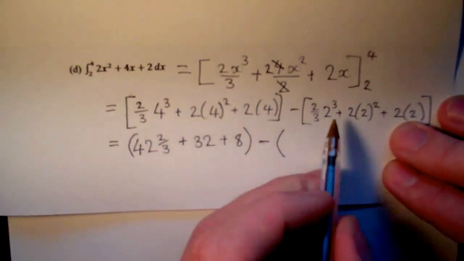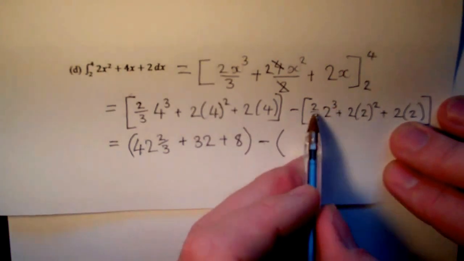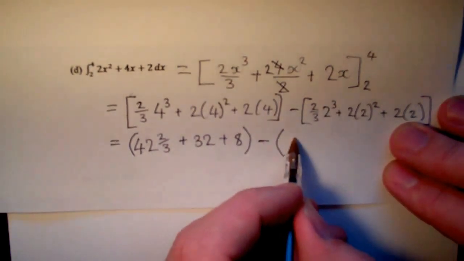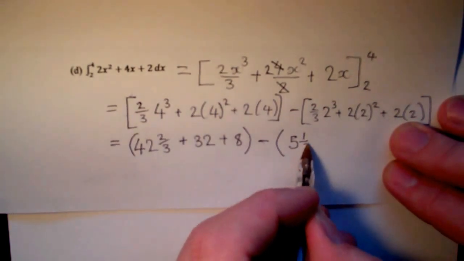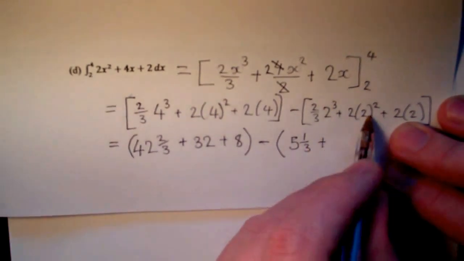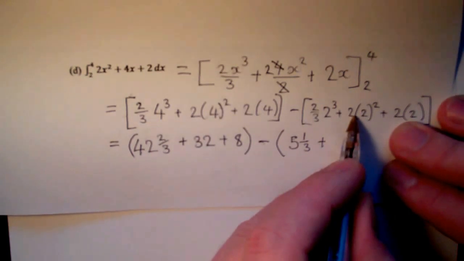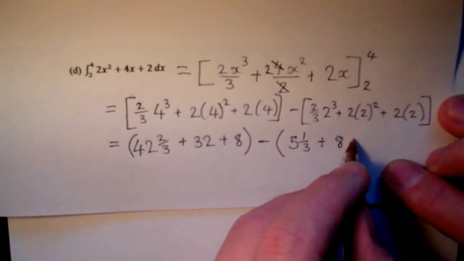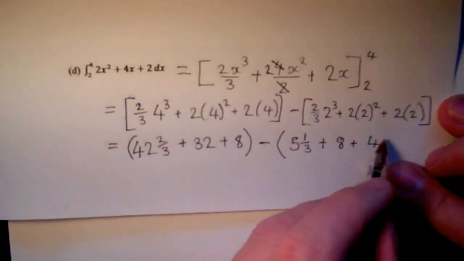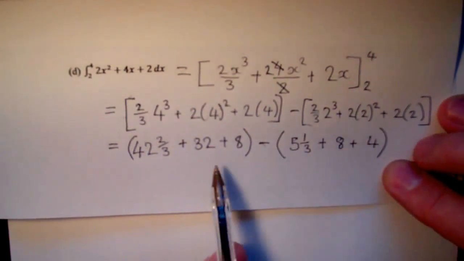And taking away from that, 2 cubed is 8. 2/3 of 8 is 5 1/3. And then here I've got 2 squared times 2, which is simply 8. And then 2 times 2, which is simply 4. Okay, so now we add all this together.